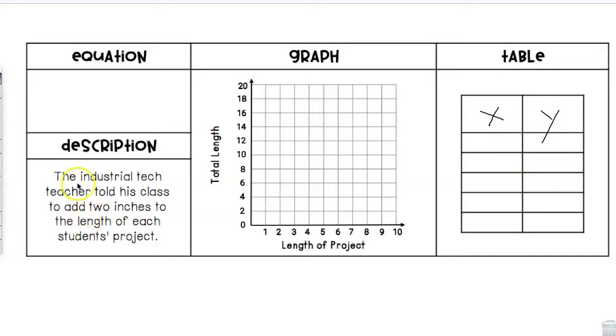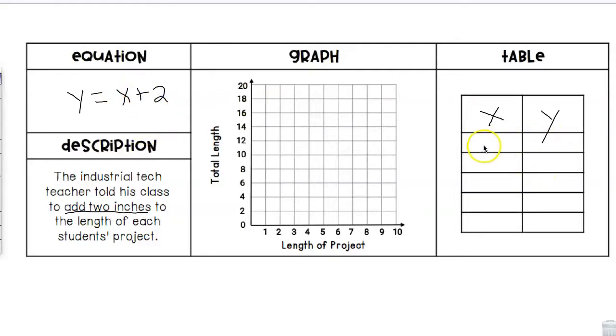So in this case, it just gives us a description. The industrial tech teacher told his class to add 2 inches to the length of each student's project. So, trying to decide if this is an additive or multiplicative relationship. The adding 2 inches tells me that however long the student's project is, I'm going to add 2 inches to that.